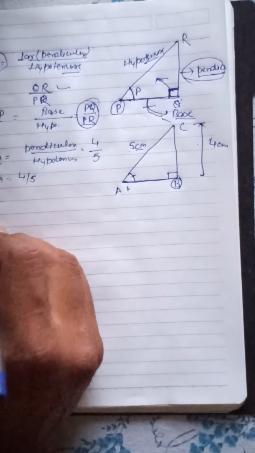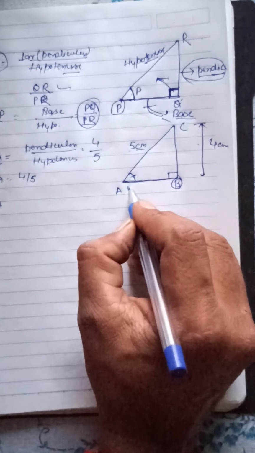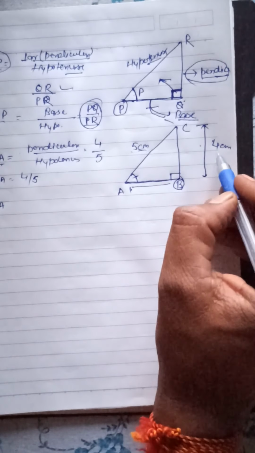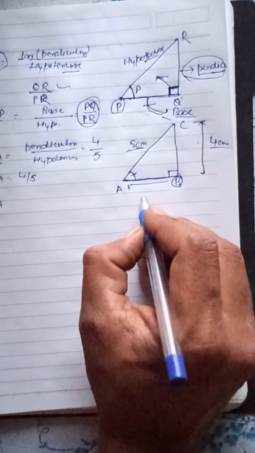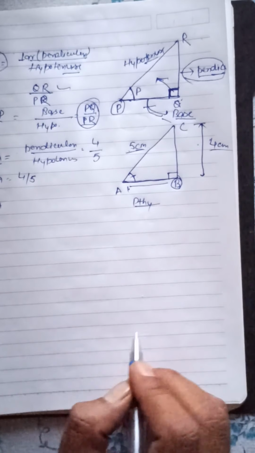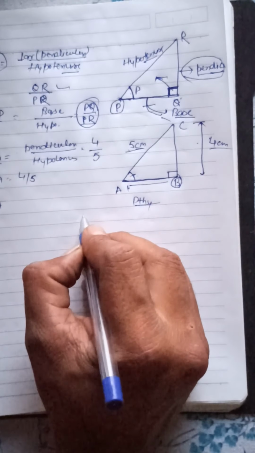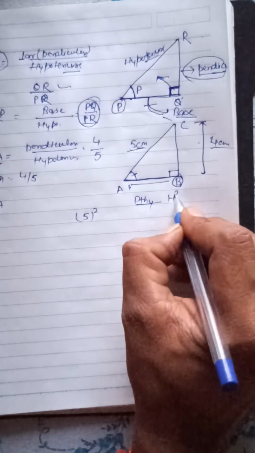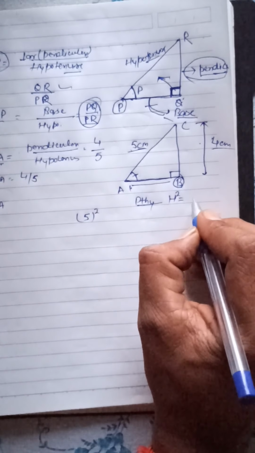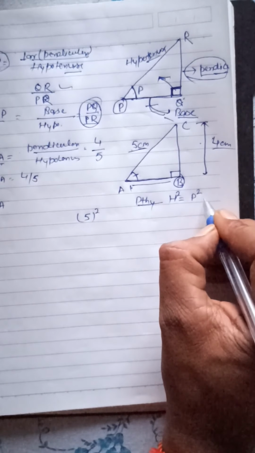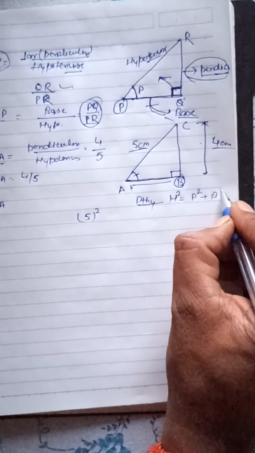Now you have to find cosine of A as well. But you don't have the base. How can you find the base? You can use the Pythagoras theorem. What was it? The hypotenuse square will be equal to the sum of the squares of the perpendicular as well as the base.